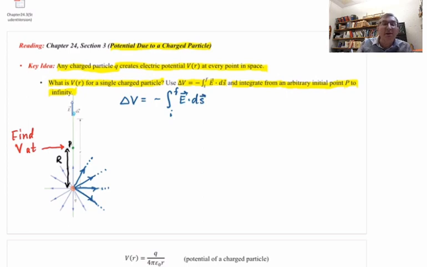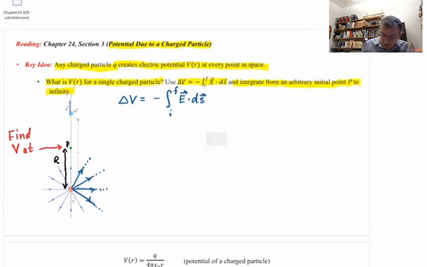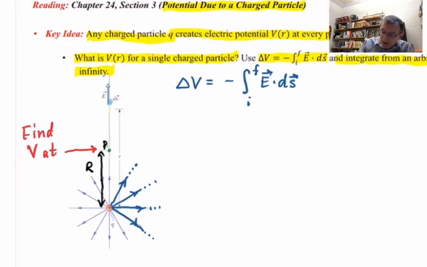In the picture here over to the side, let me zoom out again so you can see it, it has chosen an arbitrary point there on the path and shows the little displacement that's going to happen, ds, and the electric field there, E. You see why they're drawn that way? The ds is along the line because that's the direction we're traveling, and the electric field is along that line because that's away from the charge.